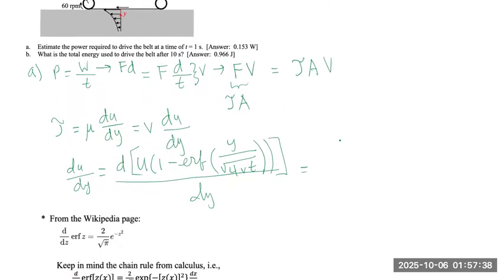And also we have the derivative of ERF of y over root 4vt, so negative d of ERF of y over square root of 4vt over dy.